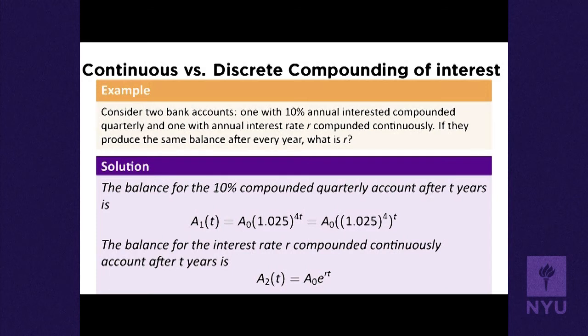On the other hand, the second bank account has a balance which grows exponentially. Its equation is going to be the initial balance A0 e to the rt. So for which r is 1.025 to the 4t equal to e to the rt? That's the equation we want to solve.